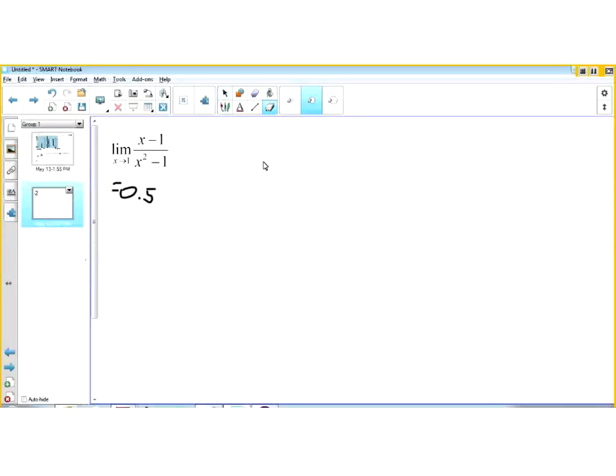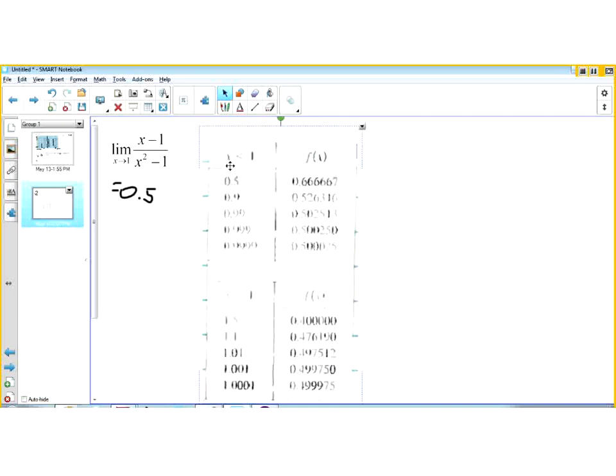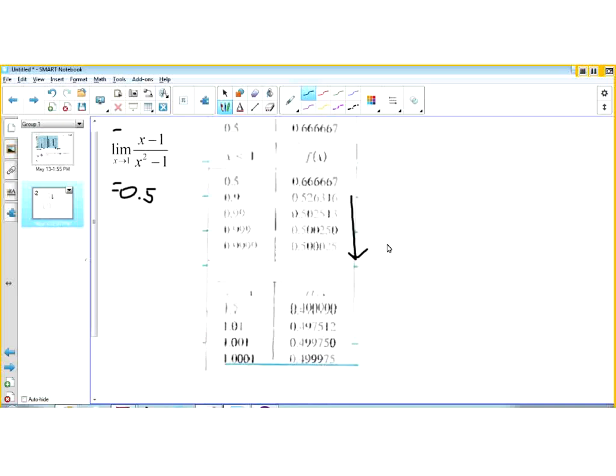So here's our table right here. Look what happens. It's a little bit smeared, I apologize for that. But in this case, x is less than 1, so we're approaching 1 from numbers less than 1. Look at the corresponding outputs. It appears as though the outputs are converging toward 0.5 as we approach 1 from the left.